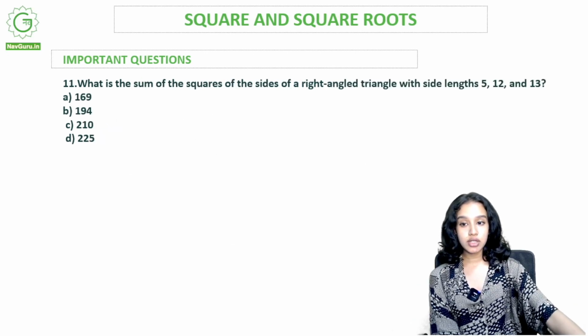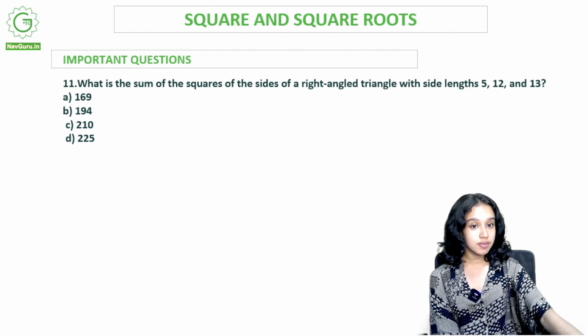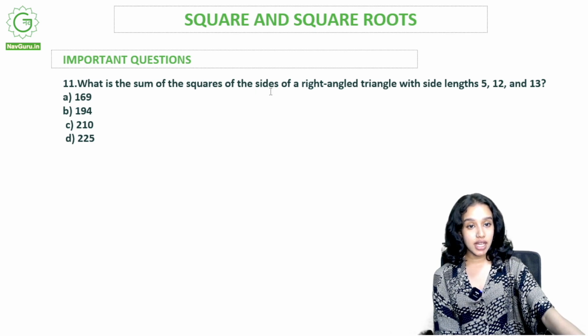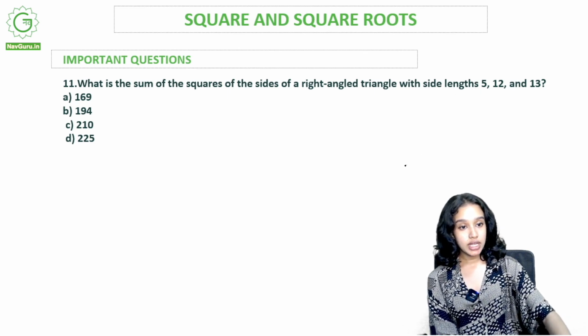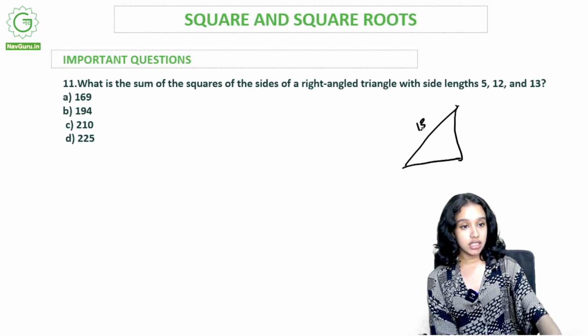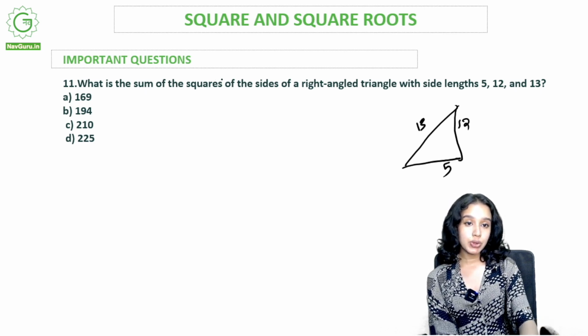Now, moving on to the next question. What is the sum of the squares of the sides of a right angled triangle with side lengths 5, 12 and 13? So we have a right angle triangle, and the sides are 13, 12 and 5. We need the sum of squares of the sides.